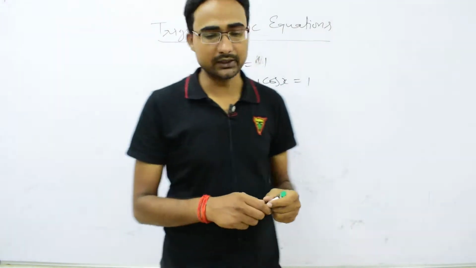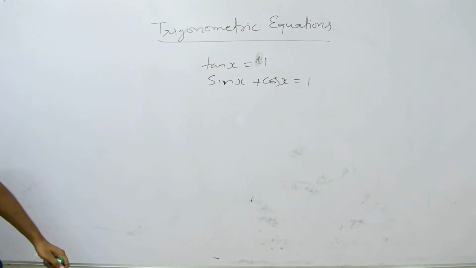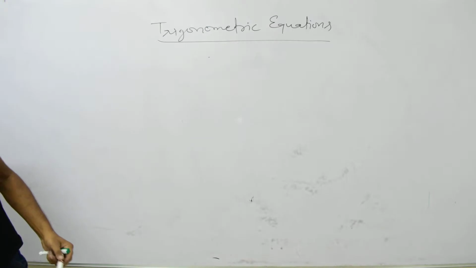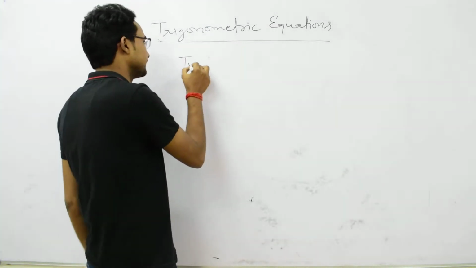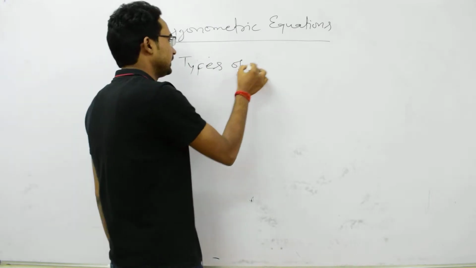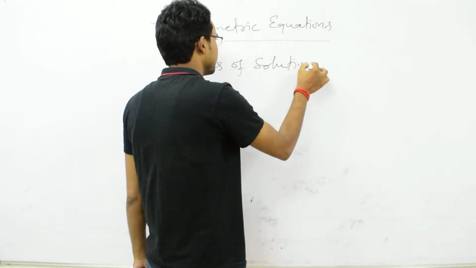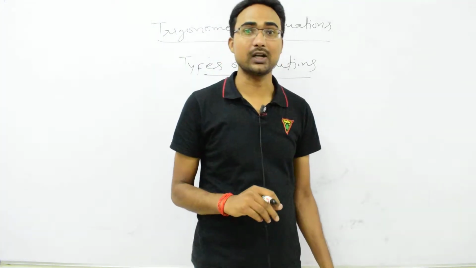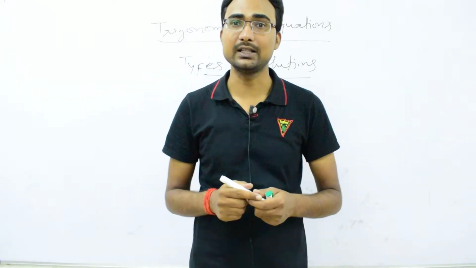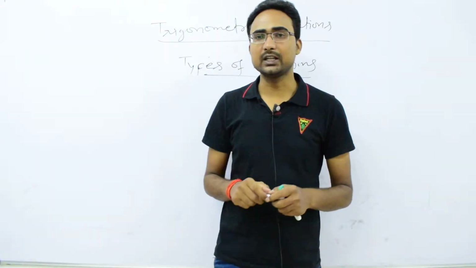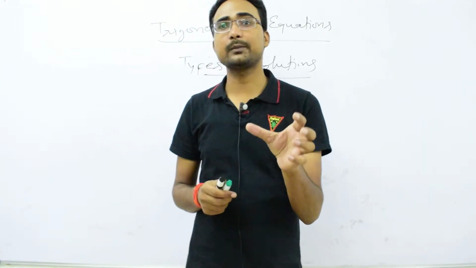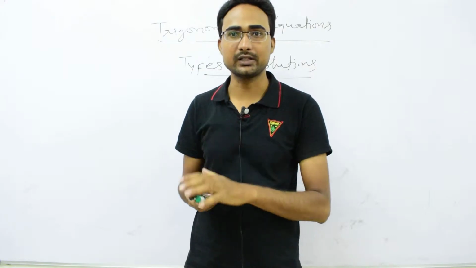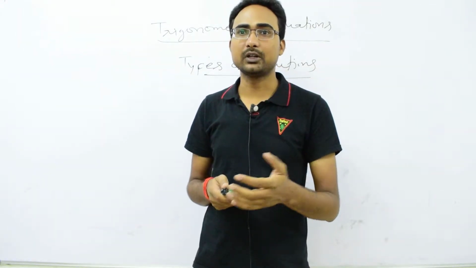So that topic we will study in this segment. Start with types of solution. What is the difference between a trigonometric equation and an algebraic equation? In an algebraic equation, suppose x plus 2 equal to 0, so x equal to minus 2, which means it generally has a finite number of solutions.